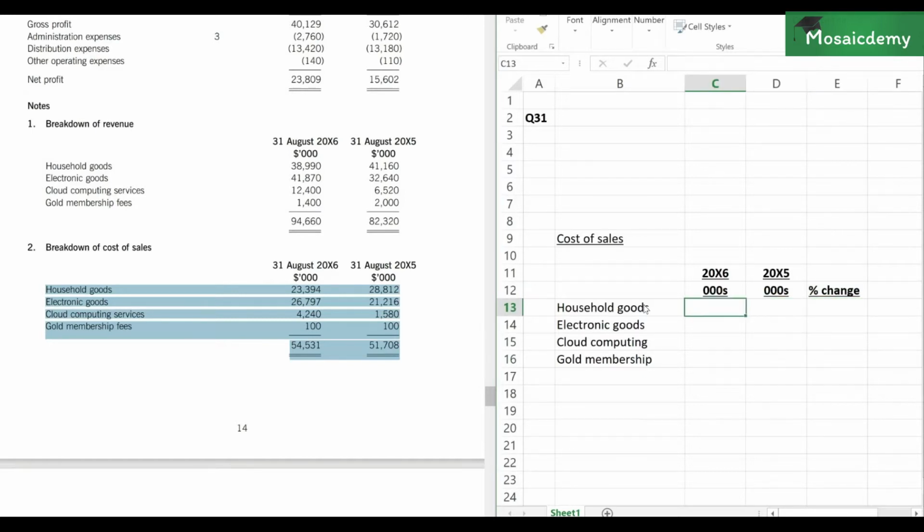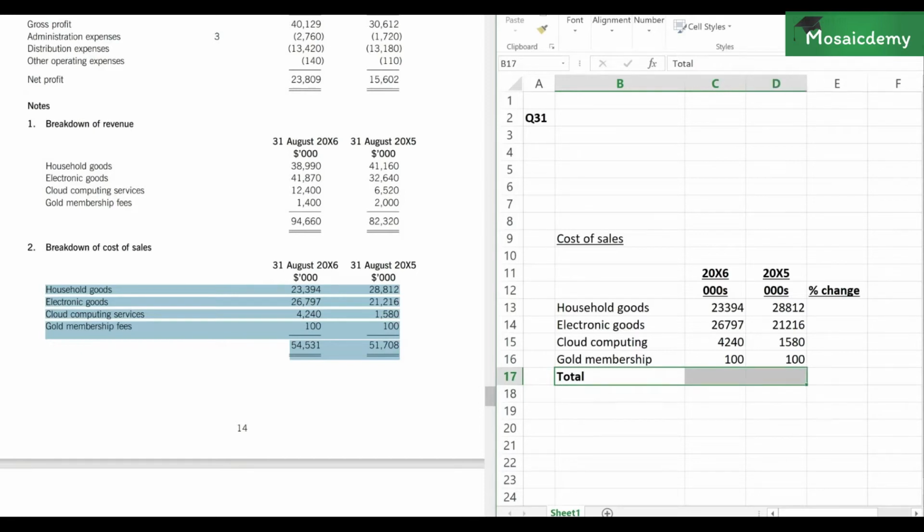So for household goods, we have 23,394 and 28,812. For electronic, 26,797, then 21,216, 4,240, 1,580, and 100 for gold membership. Now, it's always good practice when you're keying in a lot of numbers like this to not key in the total, but rather add up the numbers that you've keyed in.